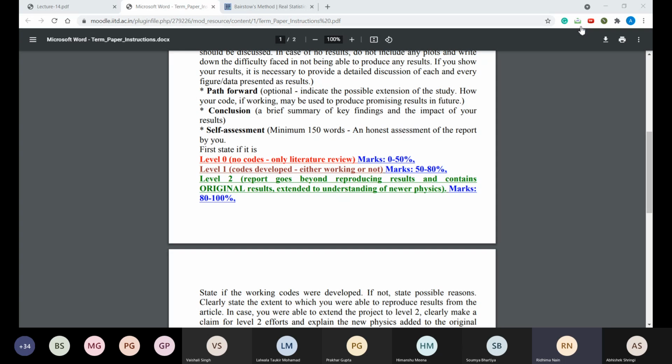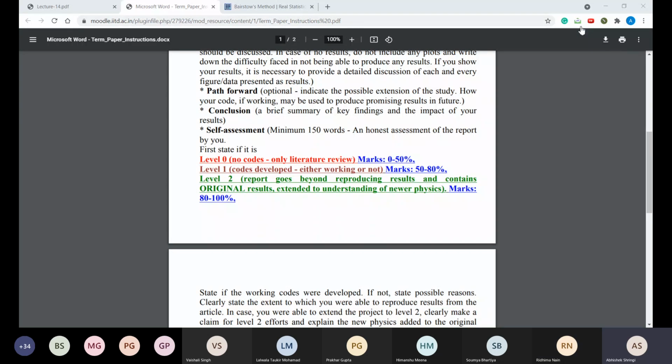It is your own work, based on your understanding of the article and this course. So level 2 is just the extension of what is being done in the original paper.